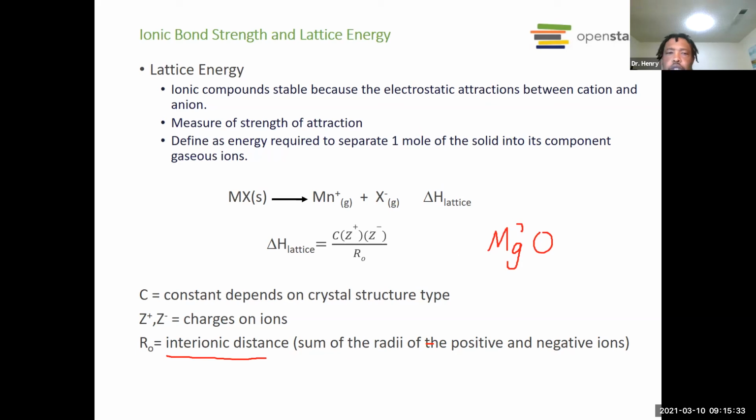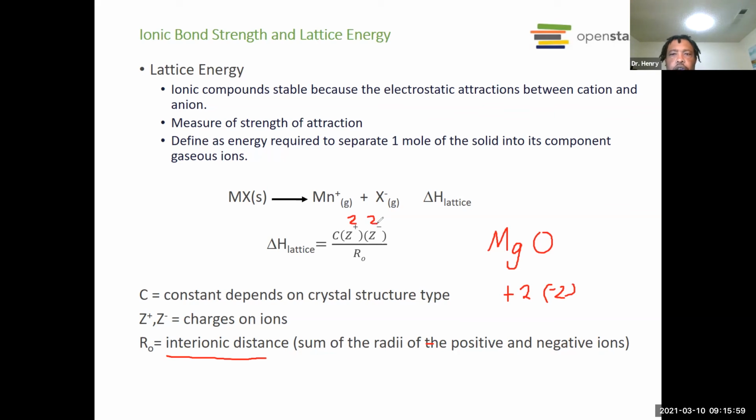So magnesium has what charge associated with it? Magnesium's a +2. And then oxygen is a -2. So in this case, you're going to use 2 and 2, right?